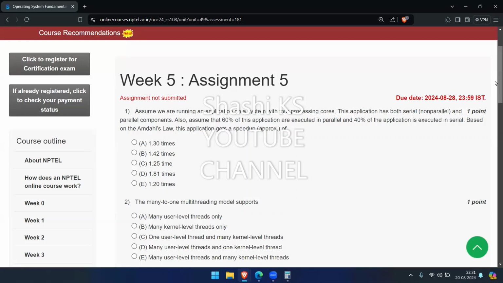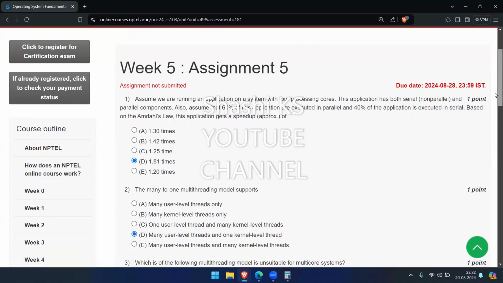The relationship between user level and kernel level threads can be represented by different models like many-to-one, one-to-one, and many-to-many. Many-to-one means many user level threads are mapped to one single kernel level thread. So the right answer is option D, many user level threads and one kernel level thread.